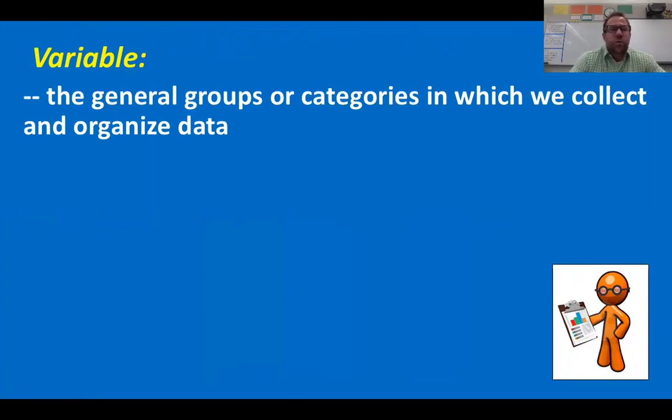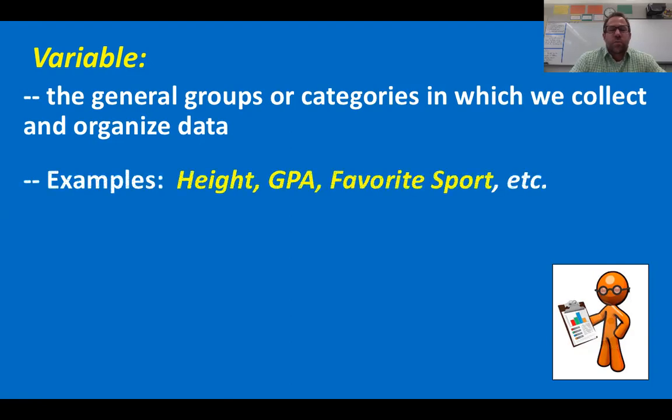So if you're doing a survey, or you're interviewing someone, or you're observing someone or something, these are the general groups or categories. So for example, height was a variable in that stick figures. GPA was a variable. Favorite sport was a variable. Okay, so these are the general groups or categories.